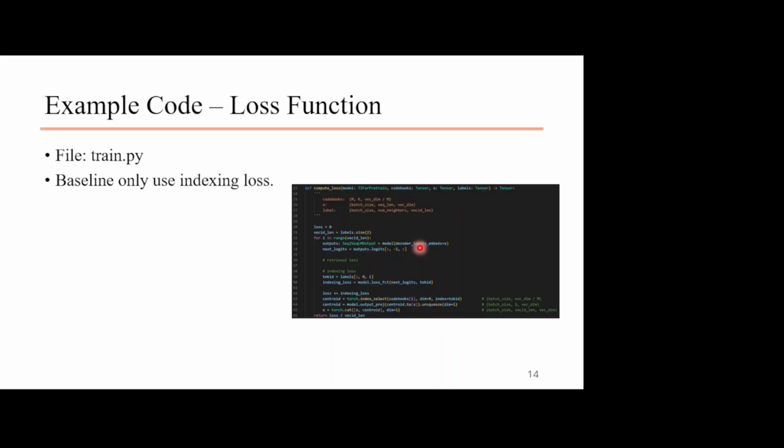In this file, you may want to design your own loss function. So you can find a function called compute loss and modify this function. In our example code, we only implement the indexing loss, but you can also add a retrieval loss to possibly achieve better recall, or even redesign your own loss function here.